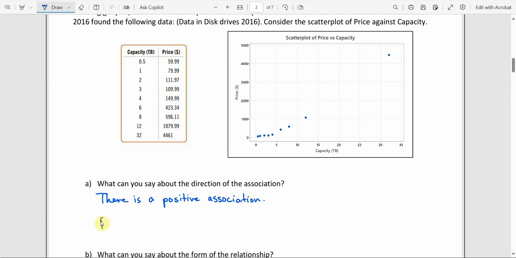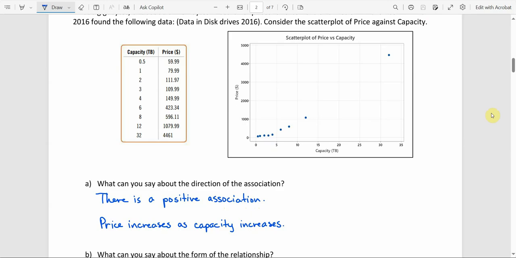So something like: price increases as capacity increases. I think that's about as economical as I can write that, with as few words as I can.